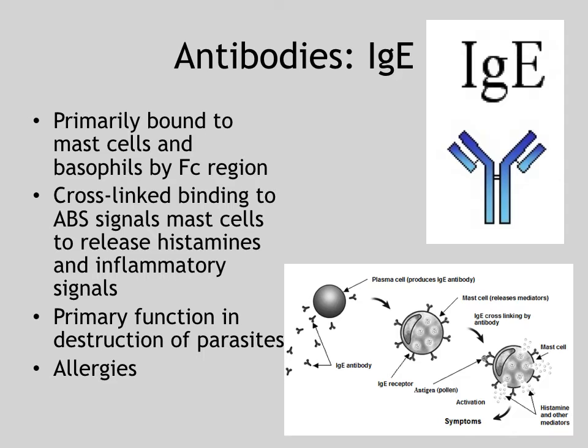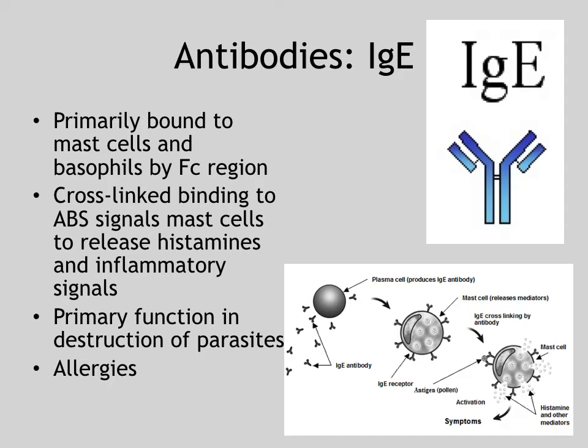IgE antibodies. Now, IgE antibodies, we see them in circulation, but the majority of them are going to be bound by their constant region to the surface of basophils and mast cells. Now, both basophils and mast cells, as well as eosinophils, but basophils and mast cells are most often associated with allergies and parasitic infections.